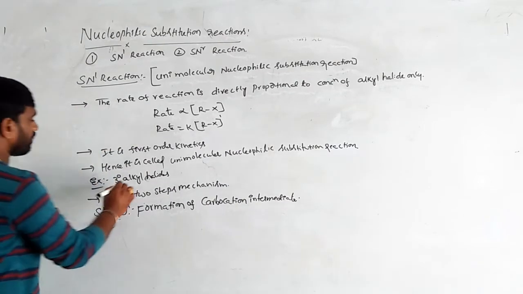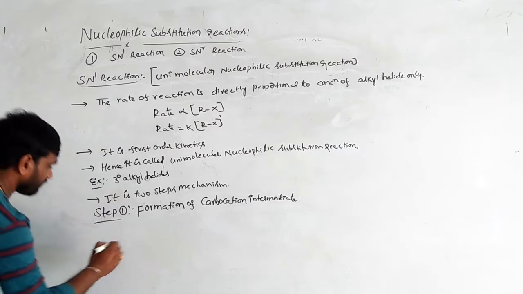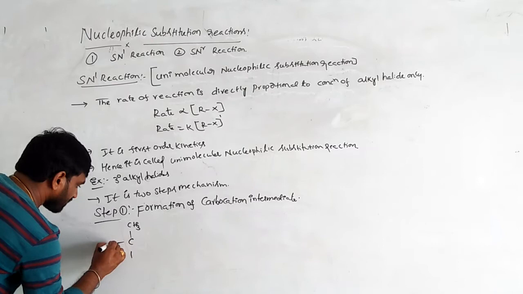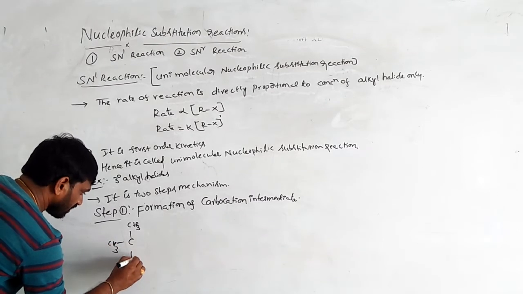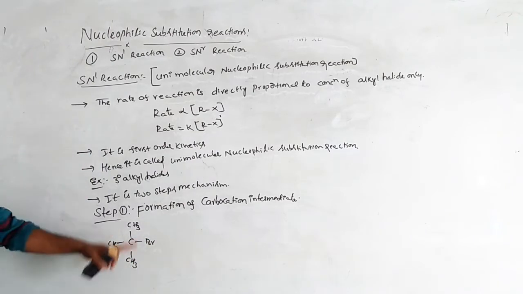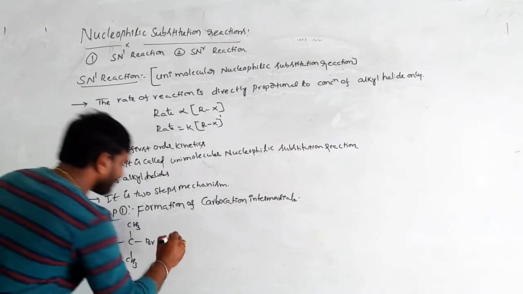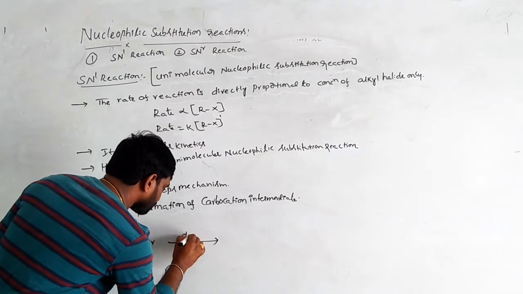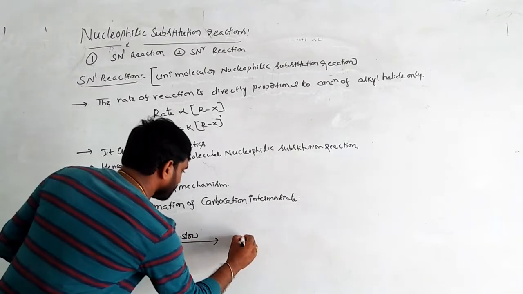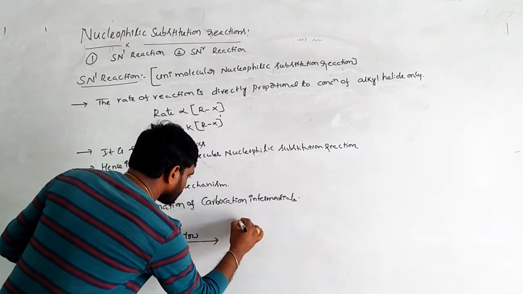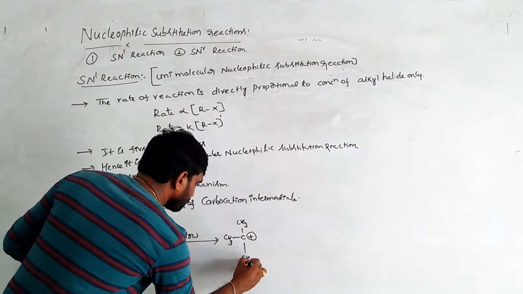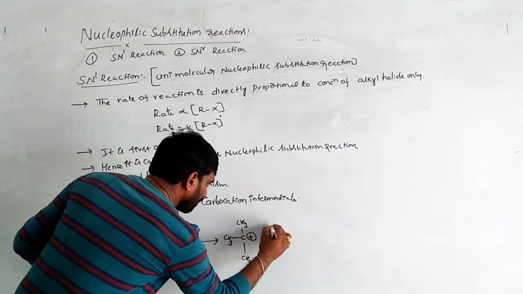Let us consider an example. Tertiary alkyl halide: three alkyl groups attached to one carbon. So this is a tertiary alkyl halide. The first step is the slow step, the formation of carbocation intermediate. That means C plus (CH3)3 plus Br minus.